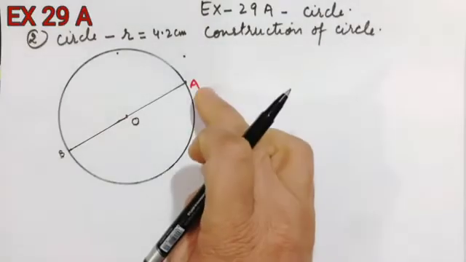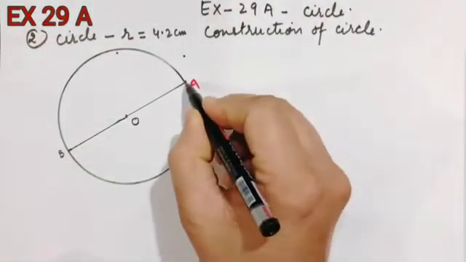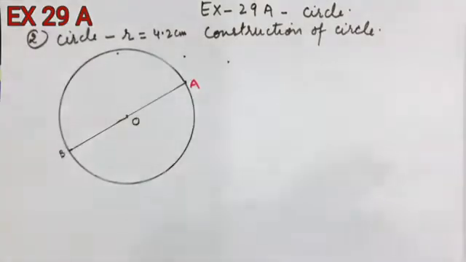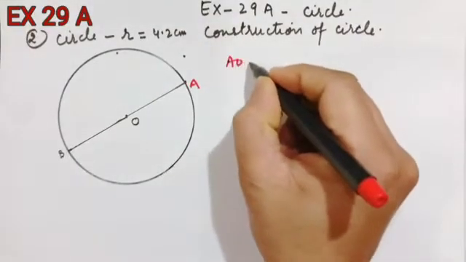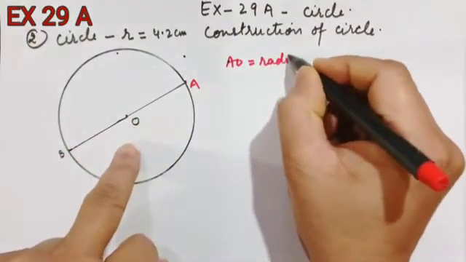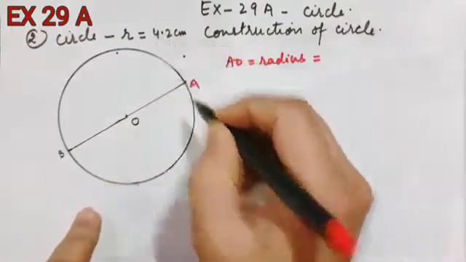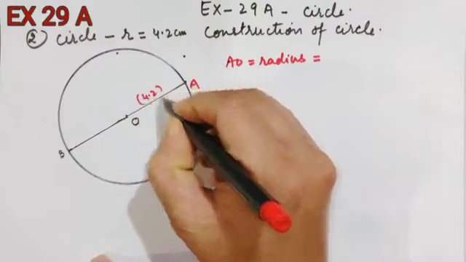So we got A, O and B. Now they are asking measure the length of AB. So what will be the length of AB? You know that AO is your radius, and here its length is how much? 4.2 centimeter.